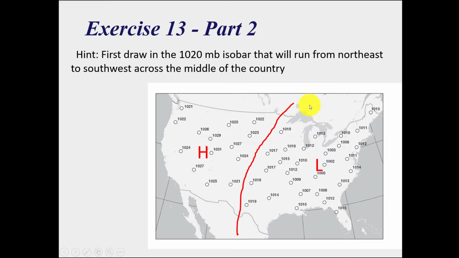Next, draw a line starting with 1020 millibars. Now, there aren't any actual values on the map that you're given that say 1020, but if you look here, this line that I've drawn is about halfway between 1018 and 1022, and then I just sort of followed the pattern on down across the middle of the country from the northeasterly general direction to the southwest.